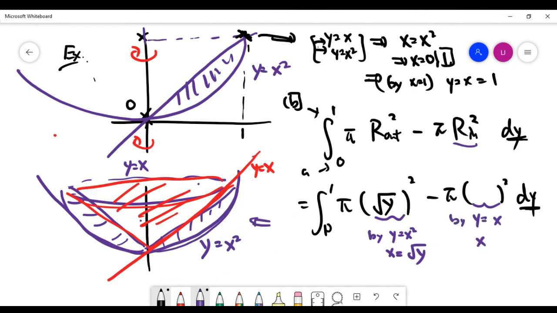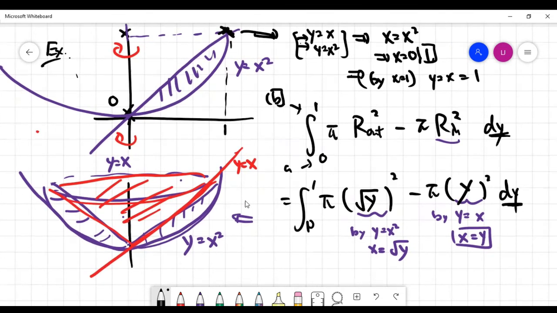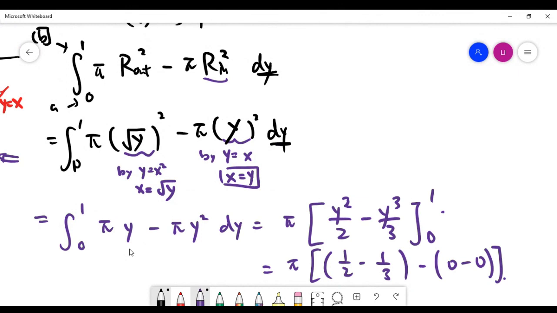We don't need to do any transform because I can write it as x equals y. So inside the bracket, I can just write y here. And that's basically the end of this volume formula. Of course, you can do the computation yourself. Let me write down the formulas here. If you do the computation yourself, you get the final answer as the volume of the solid that I showed at the top before. And that's the end of this video.